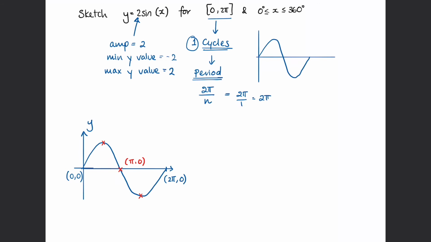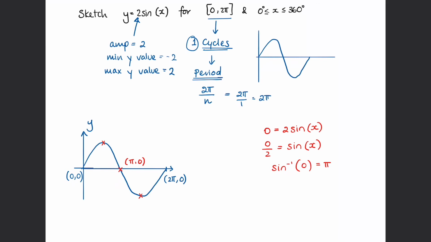Now the reason for that, if we solve this trig function, we know that y is 0, but we didn't know what x was. So 0 equals 2 sine of x. We're solving for x in this case. 0 divided by 2 is sine of x. So the inverse sine of 0 is equal to pi.